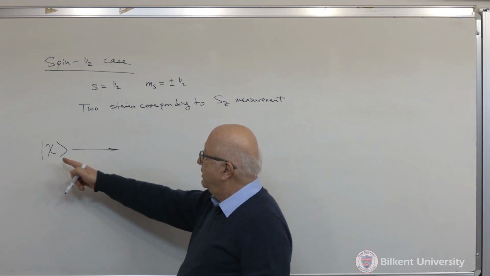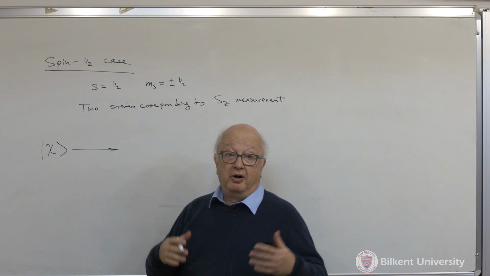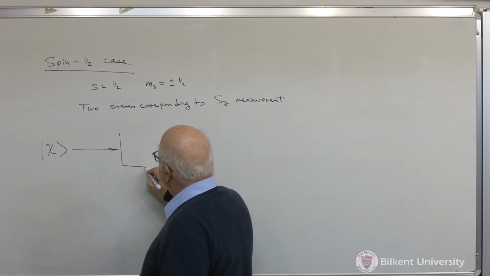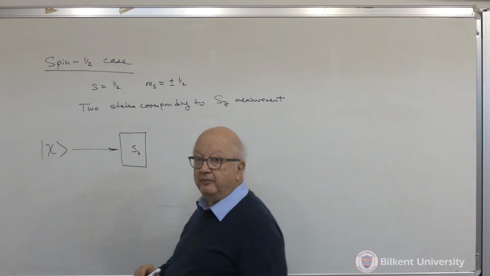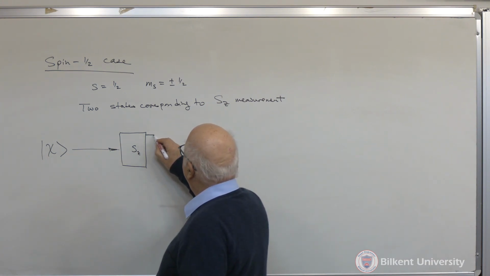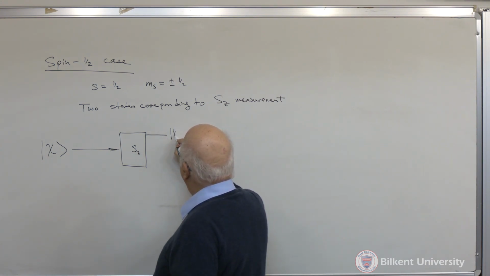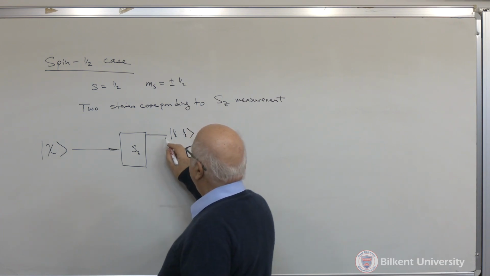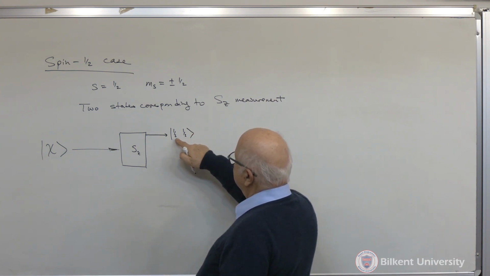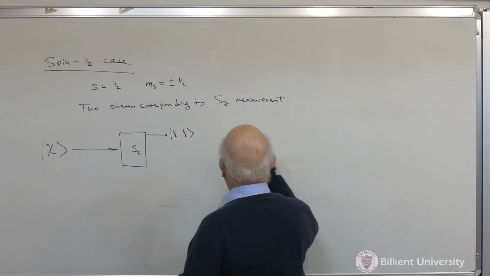So here comes our arbitrary spin state. And this is my measurement, Sz. And there are two possibilities. It is either 1/2, right? What does that mean? That means Sz operating on this. So let me just even write it down.